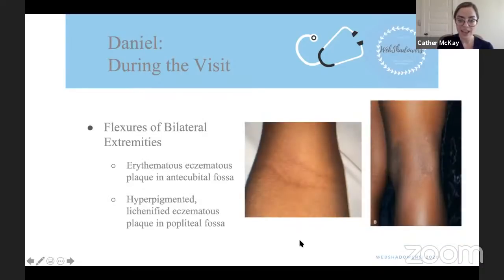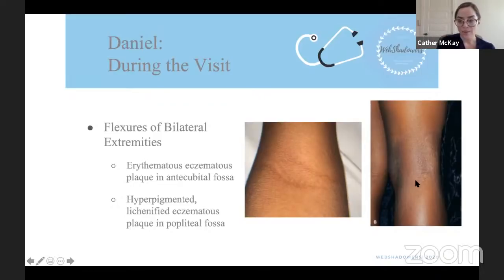Okay, then you look at his arms and legs, and here you can see the erythema, and if you felt it, it would be slightly palpable, a little bit raised, and so this would be called an erythematous eczematous plaque, and that's the antecubital fossa, which is the bend of the elbow.